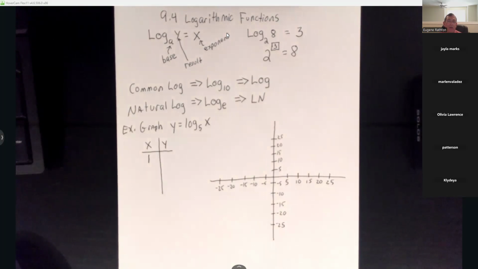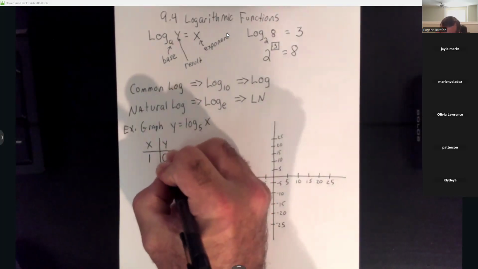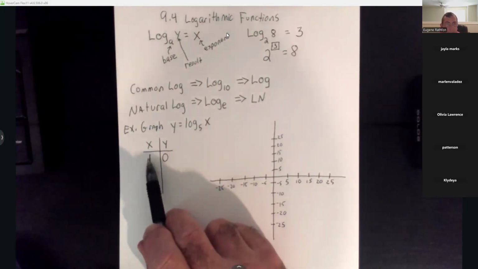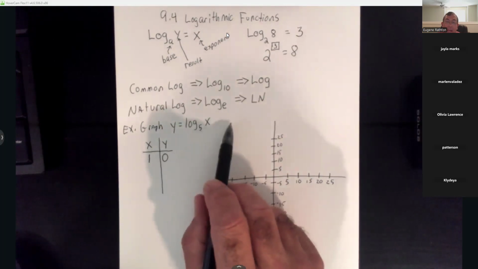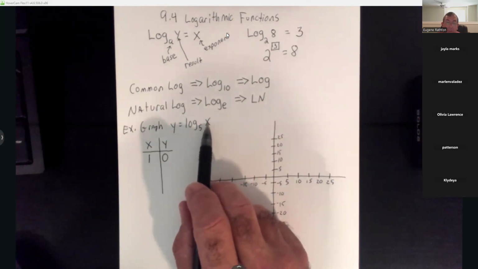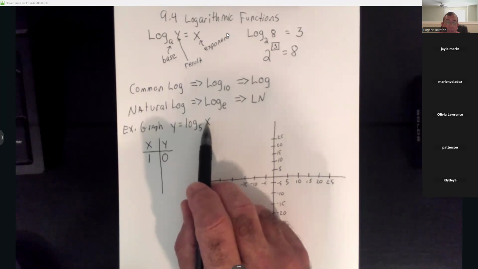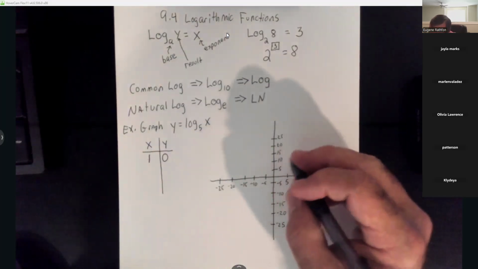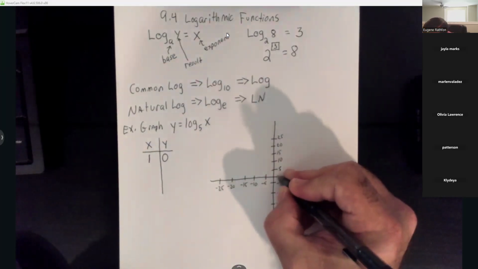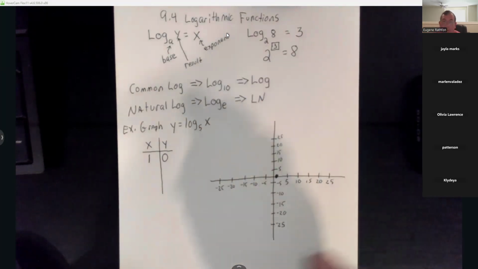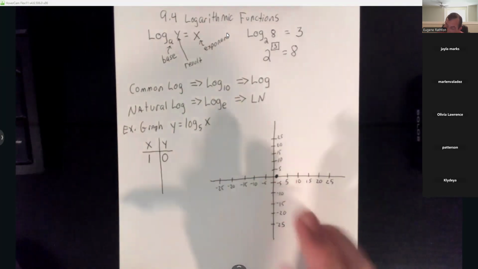We always said a while ago, anything raised to the 0 power equals 1. Okay? Remember, we're finding exponents that equal these results. So 5 to the 0 would equal 1. So these are all going to graph right through here at 1, 0. They're all going to go through 1, 0.